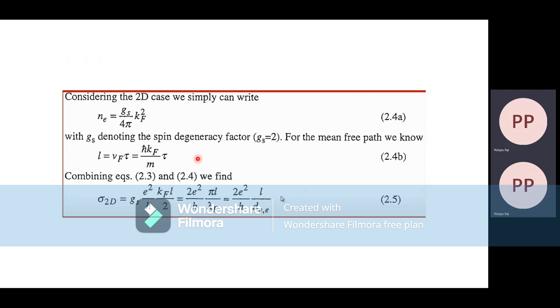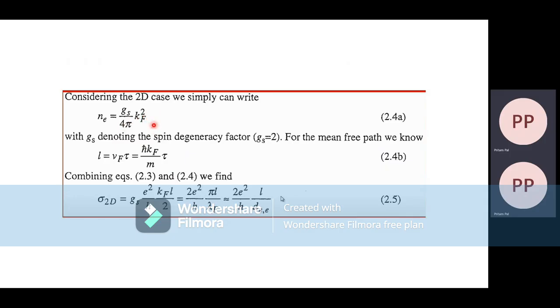Very often in this course, the density in 2D is proportional to the square of the Fermi momentum, k_F, with a coefficient g_s, which stands for the spin or valley degeneracy.